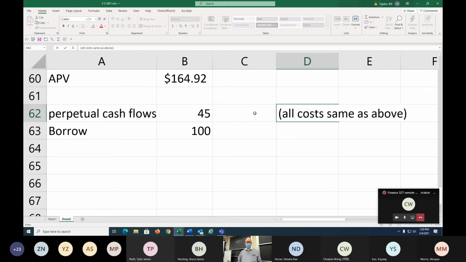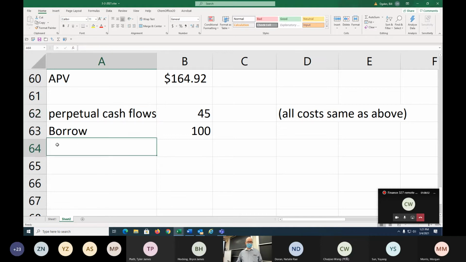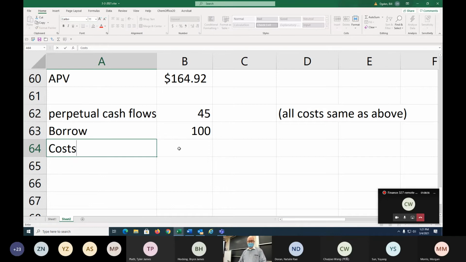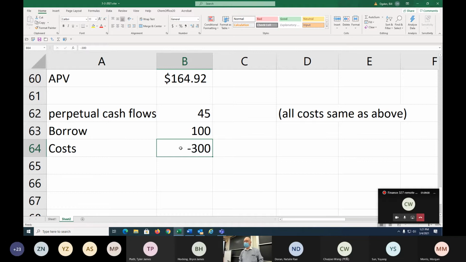All costs same as above. Oh, sorry. Let's give this one a cost. Better get a cost in here. Let's say it's the same 300. Okay.